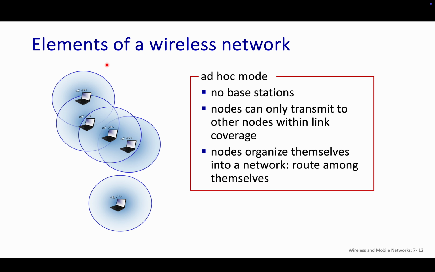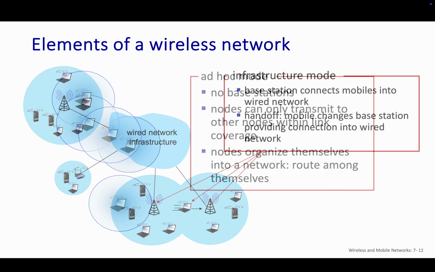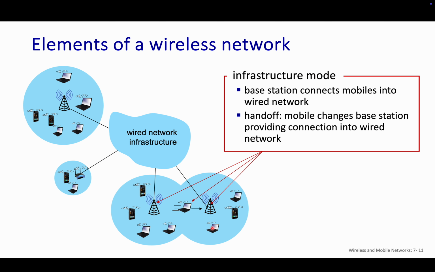The alternative to infrastructure mode is ad hoc mode. This is where you have no base station. Each node acts as a base station, so it can both transmit data and receive data, or route data, I should say. Because of course, back in infrastructure mode, I can send and receive, right? I send to the base station. When the base station has information, it sends it to me.